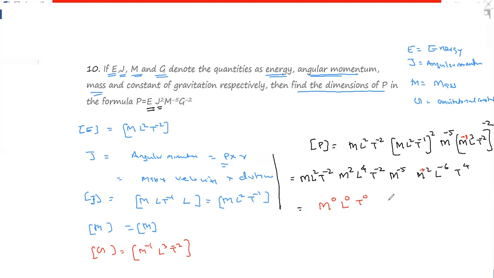So it has T raised to 0 also. That means P is a dimensionless physical quantity. Therefore P does not have dimension, right? So P is a dimensionless physical quantity. It's the final answer.